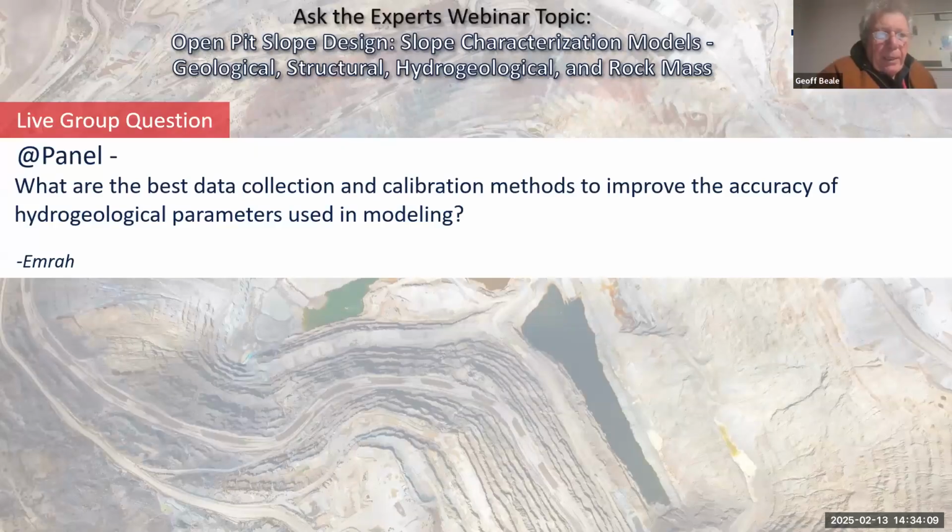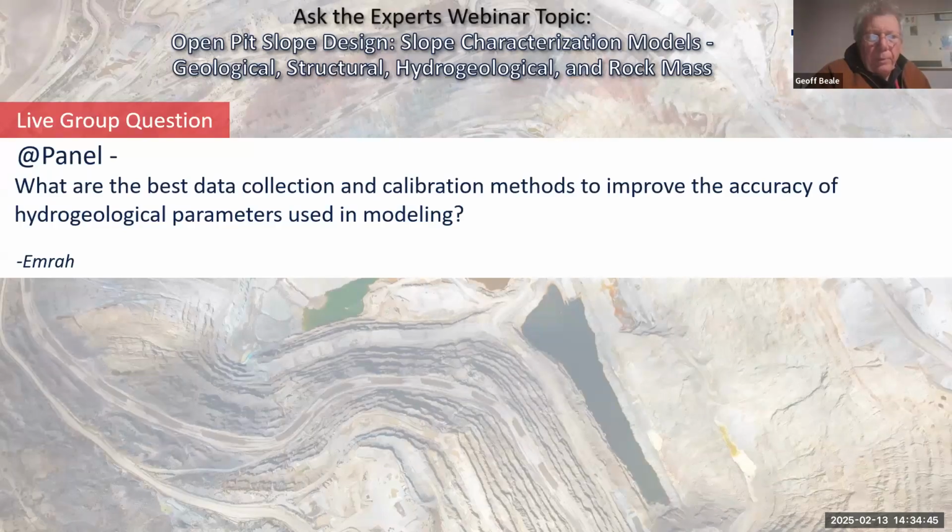So the best data collection methods are cross-hole tests when you have piezometers. So cross-hole tests, when you pump or inject or create some hydraulic stress at one location, and you observe the pore pressure change in another location, because I think that then tells you the wider scale effect on the hydrogeological system.